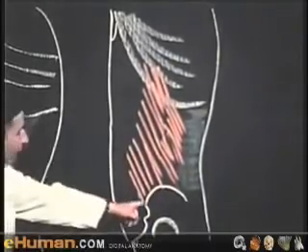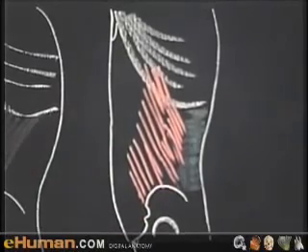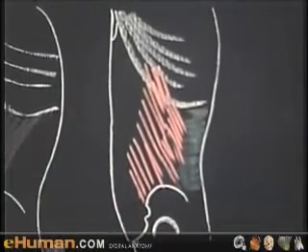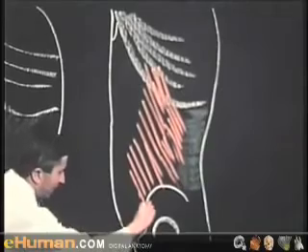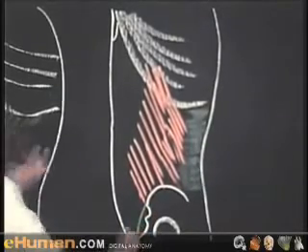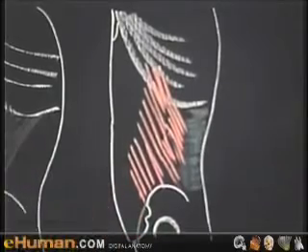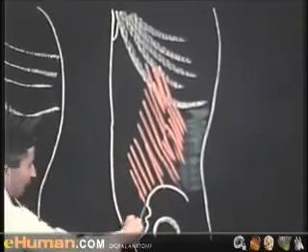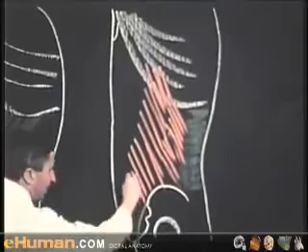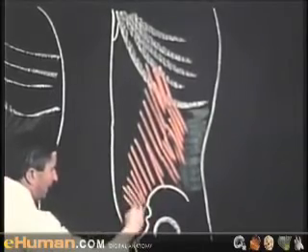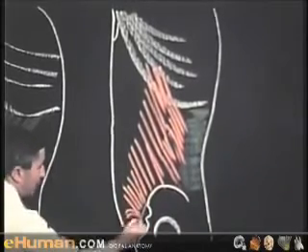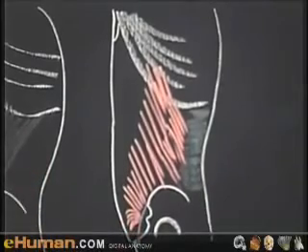And when the origin reaches the anterior superior iliac spine, we mustn't forget that here we have the inguinal ligament. And we find that the fibers of the internal oblique arise from the lateral half or lateral two-thirds of that ligament. And here they are coming off, and then they begin to arch over in this way, as I've indicated.